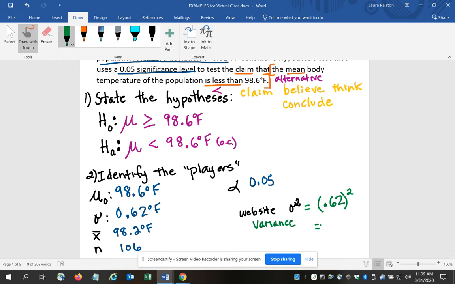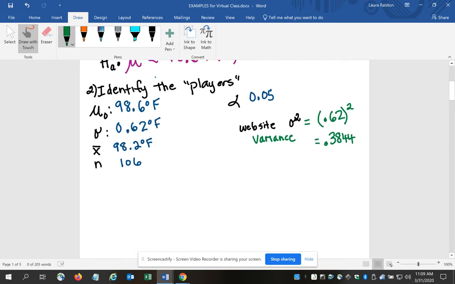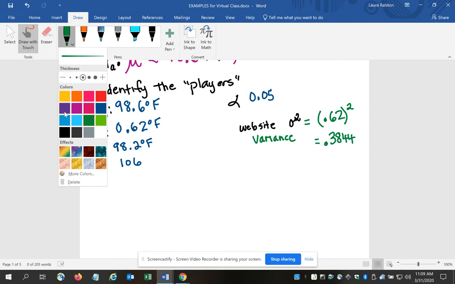So I'd have 0.62 times 0.62, which gives me 0.3844. So I've identified all of the players, all of the information that I need to enter into the problem. And then we move on to the third step.